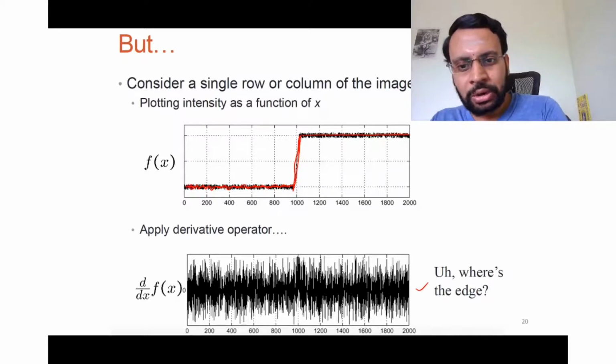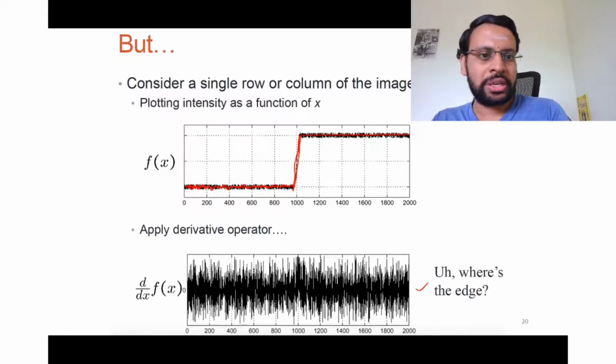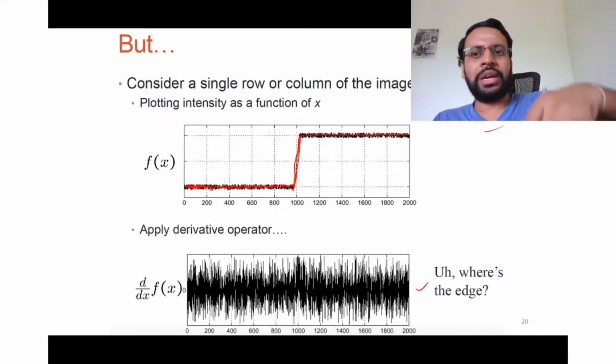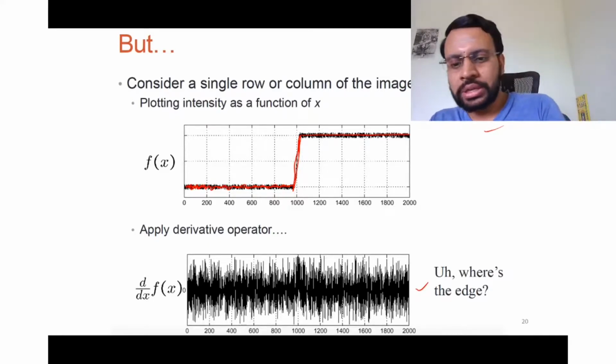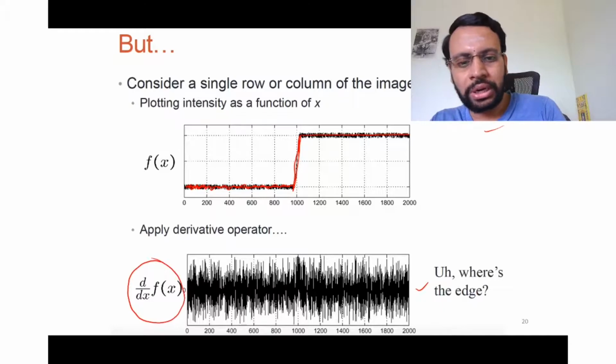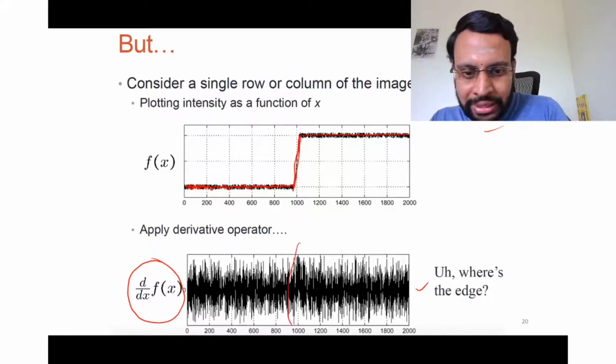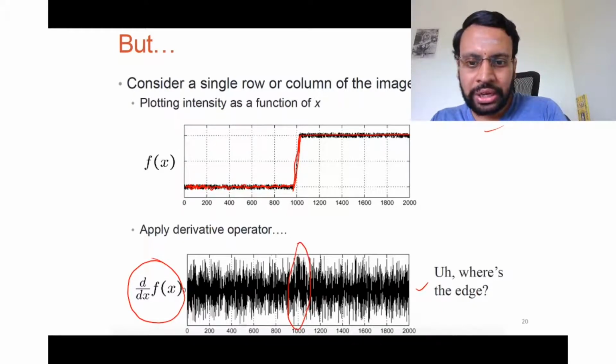Because these are all small values, although they are changing, so x plus 1 and x, when you compute this, the derivative at those spikes, at those noisy points, is pretty high. So what to do here? Dou by dou x of f of x, if you compute it, you can't really figure out that there is an edge here, which got dumped along with other spurious false edges.